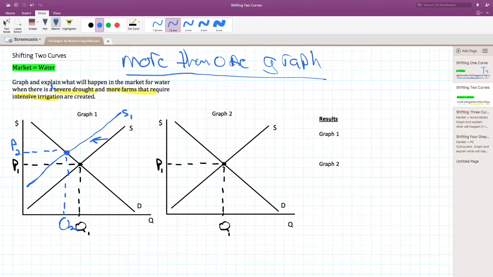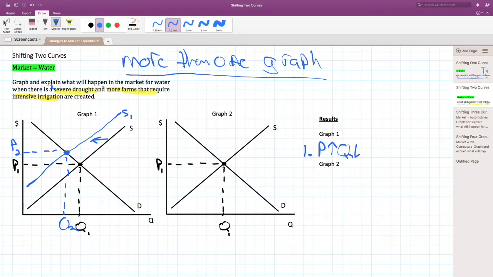Now, off to the right, I'm going to put my results. Price goes up, quantity goes down. Okay? That's shift number 1. Now we have to see what's going to happen in shift 2. Okay? More farms that require intensive irrigation are created.